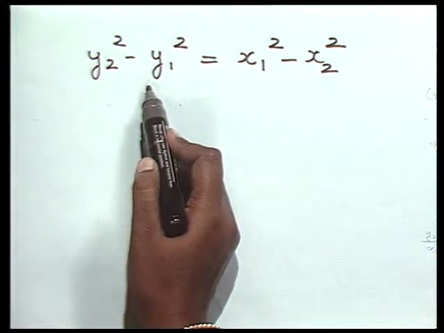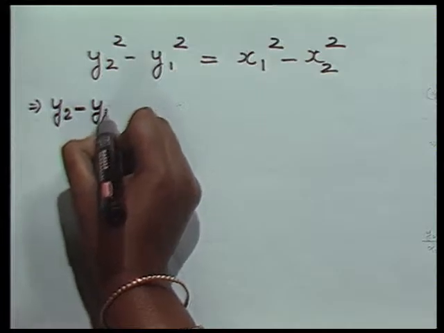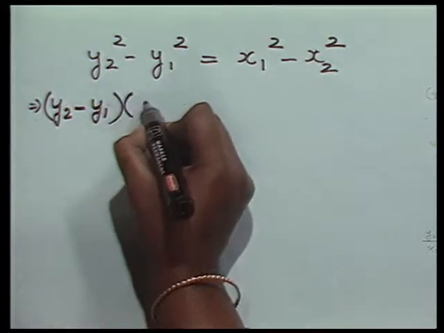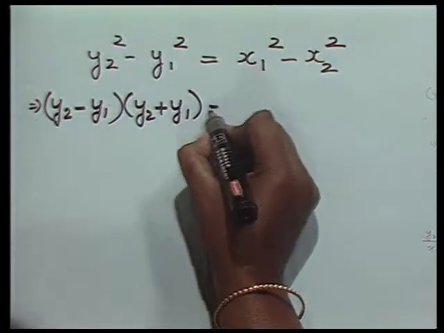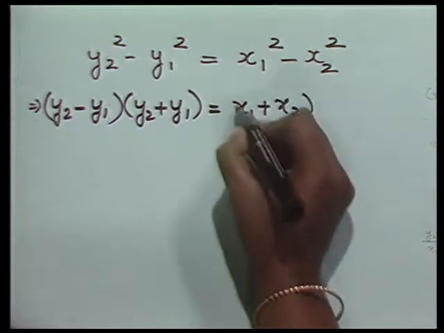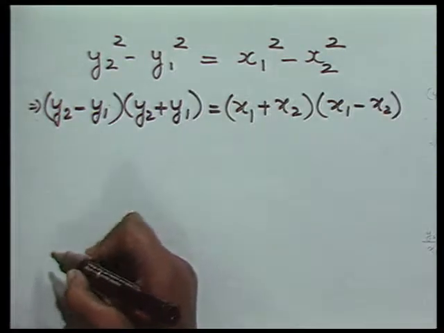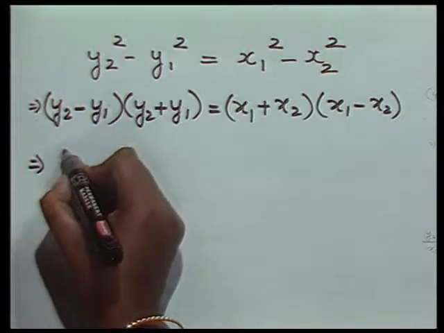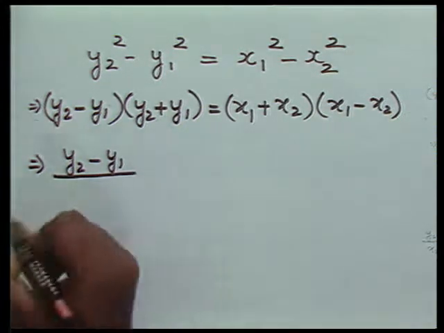Now, using the formula a square minus b square equals (a plus b) into (a minus b), we can open this and we have (y2 minus y1) into (y2 plus y1) is equal to (x1 plus x2) into (x1 minus x2).